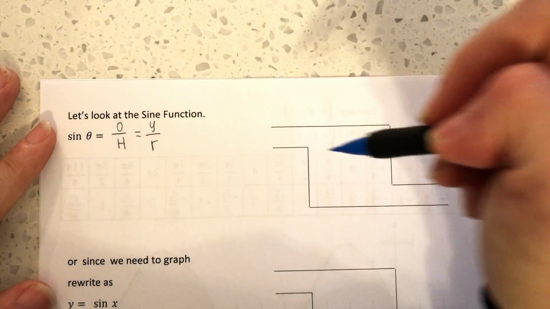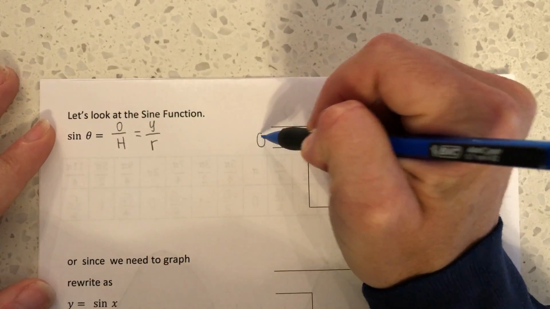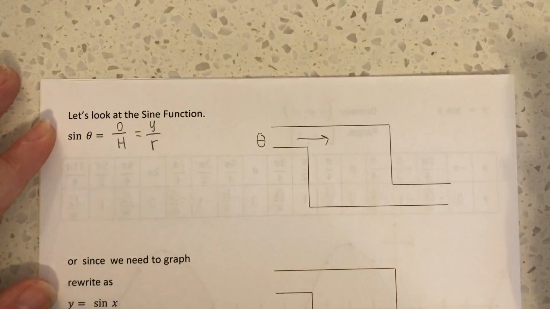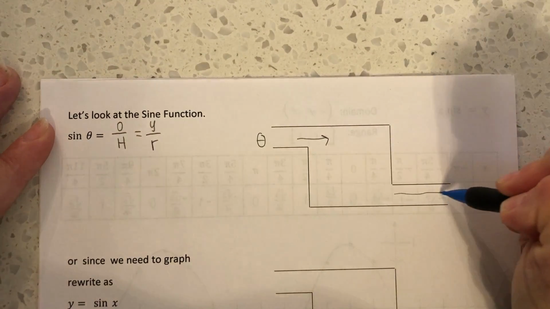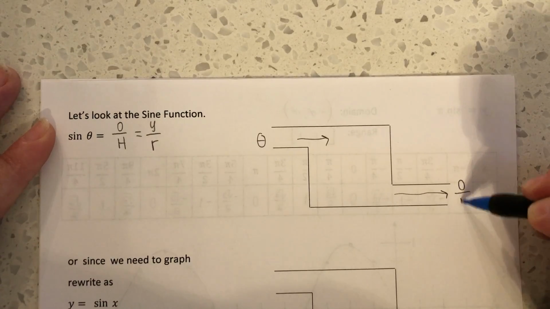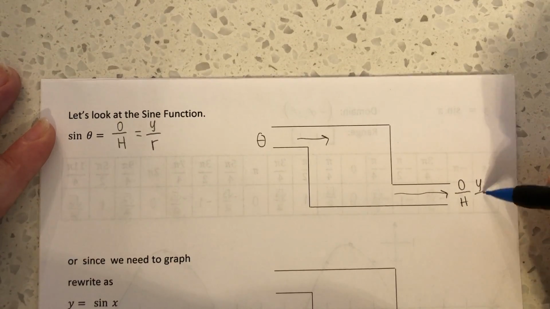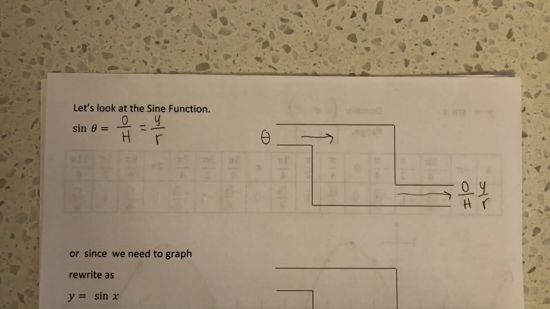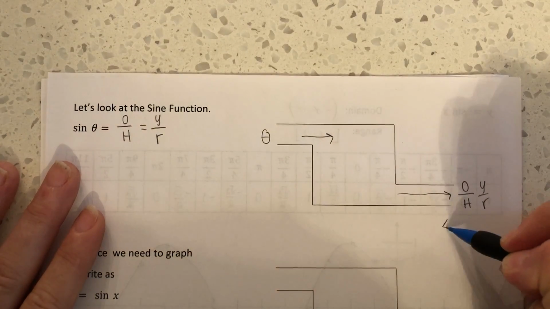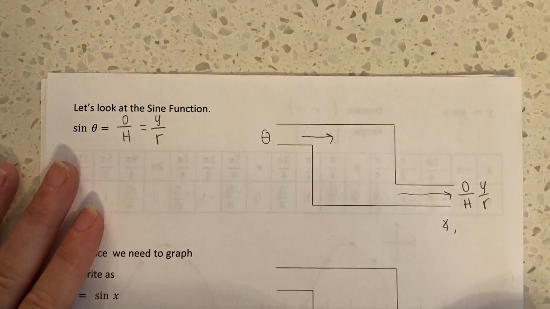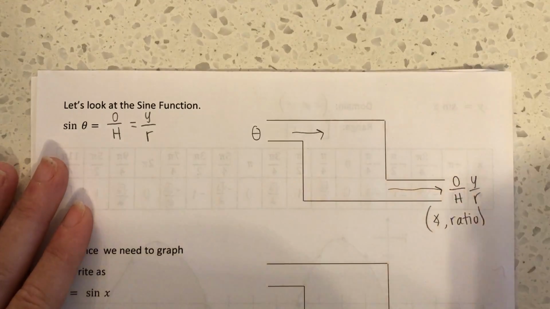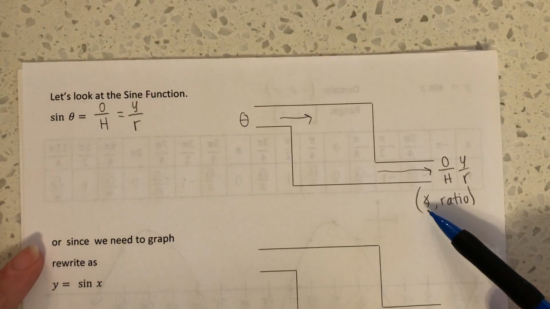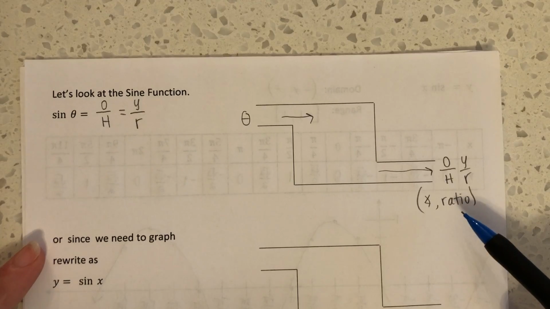So again, the way it worked is we plugged theta into the sine function. The sine function relates the measure of that angle to the ratio of O over H or Y over R, okay? So the important thing is that an angle went into the sine function and a ratio comes out of him. That's how the trig function works. You plug an angle in and it'll spit a ratio out, okay?